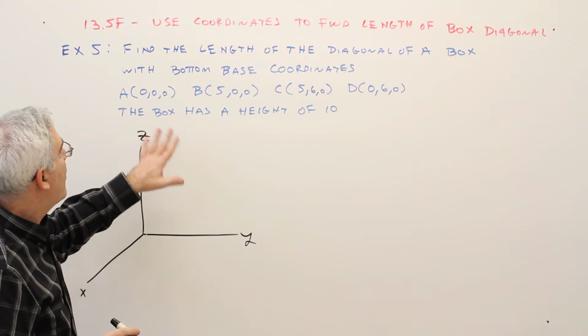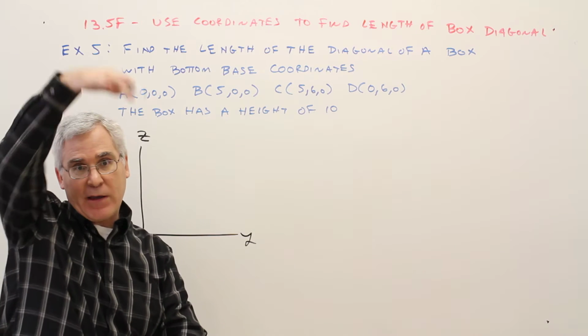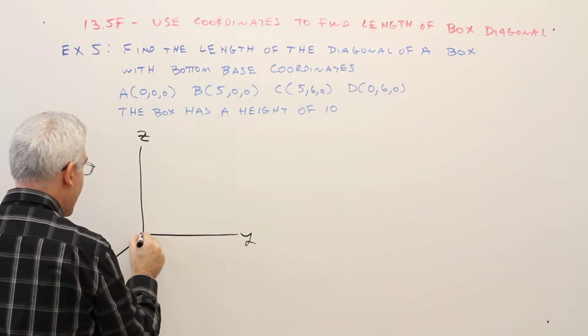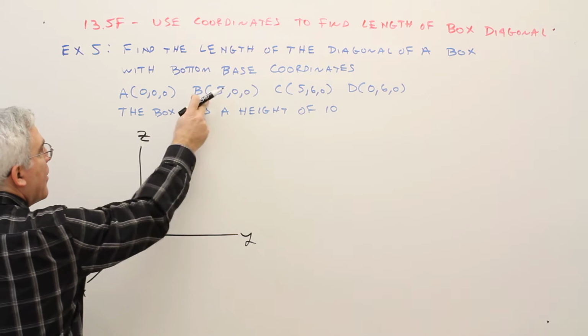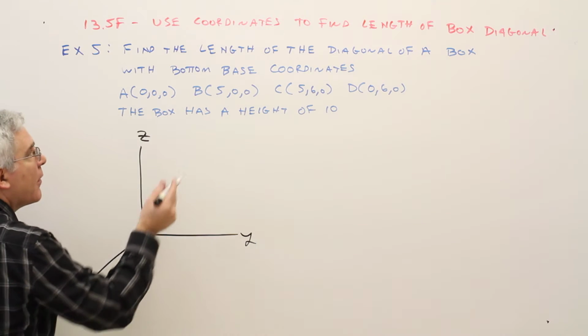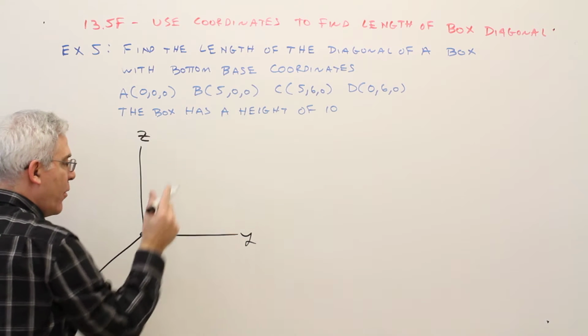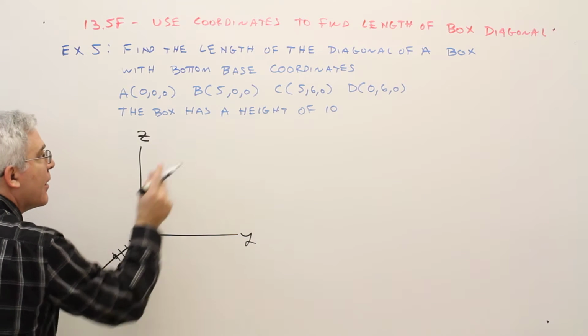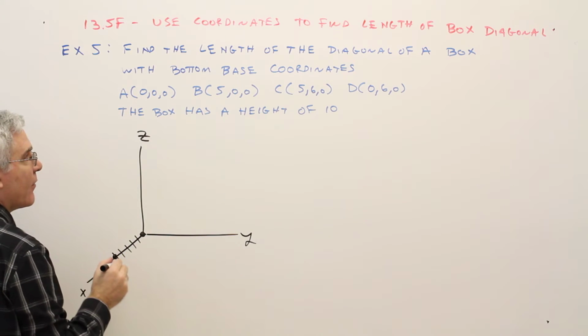I'm going to draw the bottom base and then just make it go up 10 units and fill out the box. So A is at 0, 0, 0. B is at 5, 0, 0. So that's the x, y, z coordinate. So 1, 2, 3, 4, 5. Just 5 units along the x-axis.